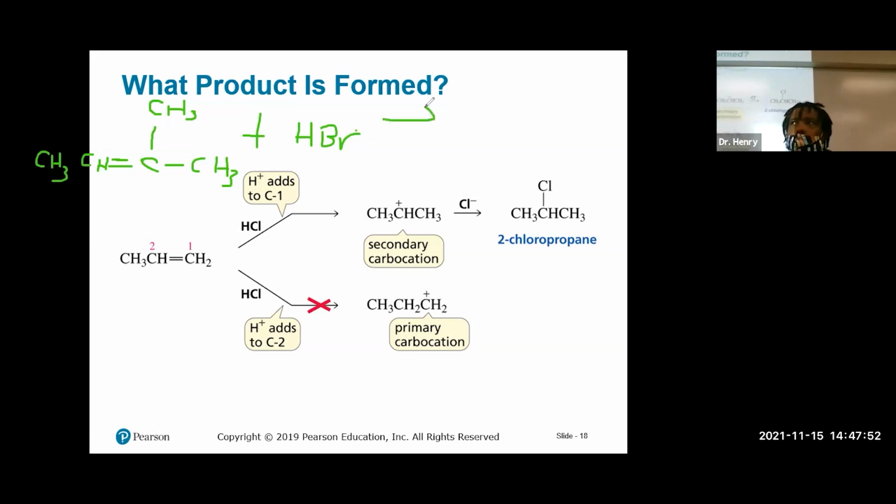Don't worry about the intermediate right now, but the final products. We're going to have bromo by itself. Okay, so don't worry about the intermediate. Worry about the final products.